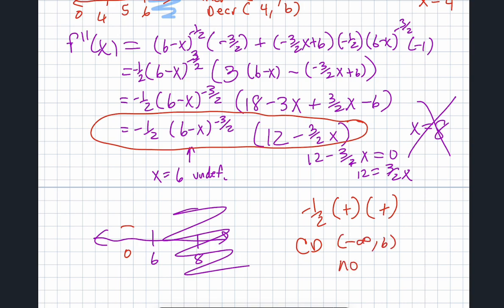There are no points of inflection. So really, the only point we found initially was that local max at 4. So we're just going to have to plug in 4 and 6 and maybe a few other low points.